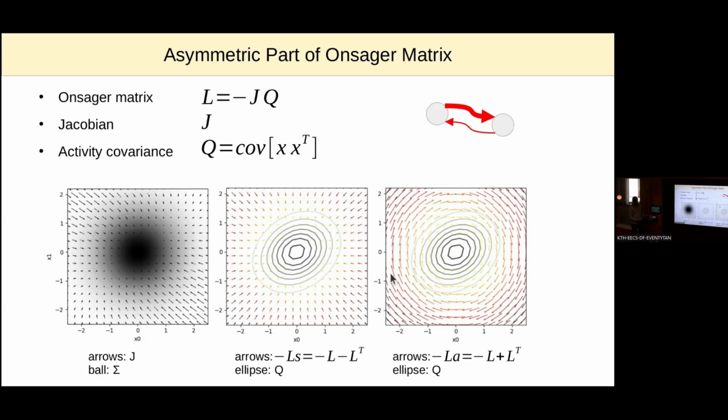But what we will have, in addition to this phenomenon here, which is time reversible, is a time non-reversible rotational movement. So it's somehow the interaction between the drift here and the shape of this field that causes this rotation around or in the stationary distribution.